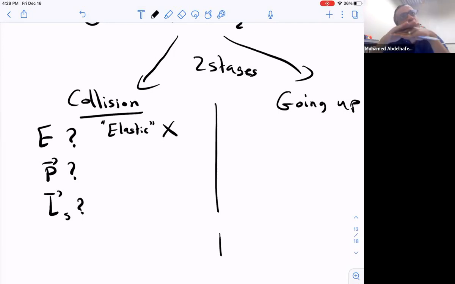Unless you say it's perfectly elastic, then we ignore all of that. So you have to look for the word elastic. Other than that, energy during the collision is not conserved. When I did this problem in class, many students just immediately thought energy is conserved in the collision. I don't know why, but no. Collision, think elastic or inelastic. Doesn't say anything, then it is inelastic. So you cannot say energy is conserved. Is this clear? Any questions?